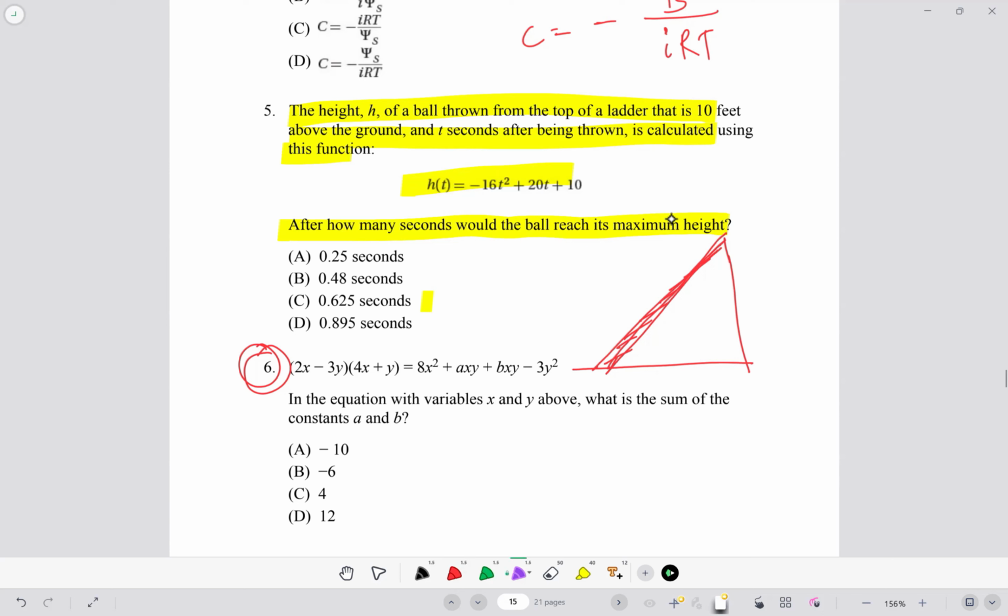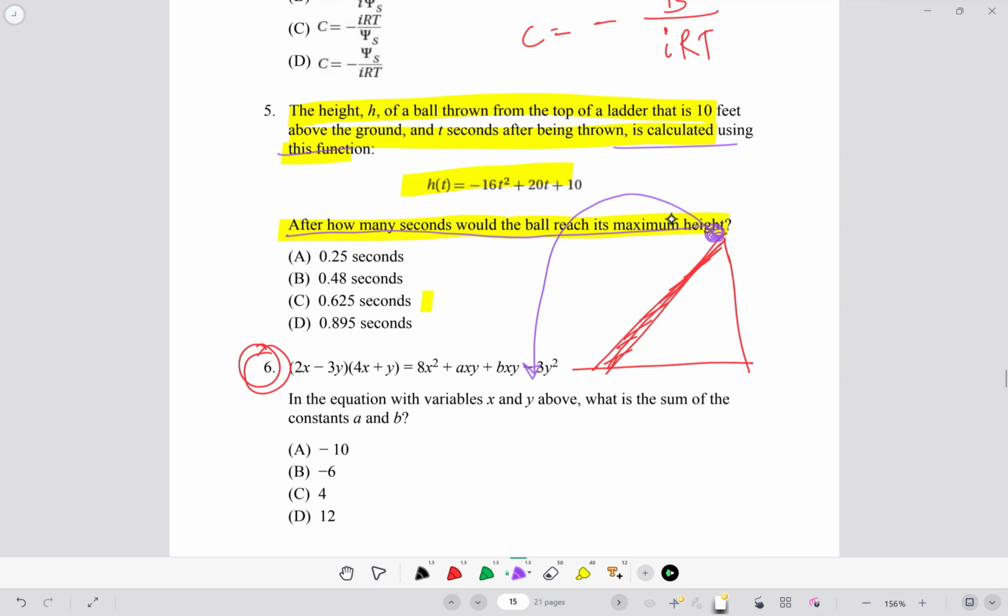So this is going to be like this. Okay. This is the ball, the violet color. So after how many seconds would the ball reach its maximum height?